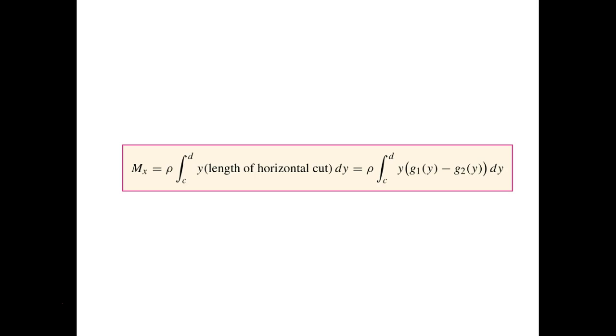Okay? So the moment is from C to D, y, that's the distance from the x-axis, the length of the horizontal cut, in this case G1 minus G2, both functions of y, times your dy. Okay.